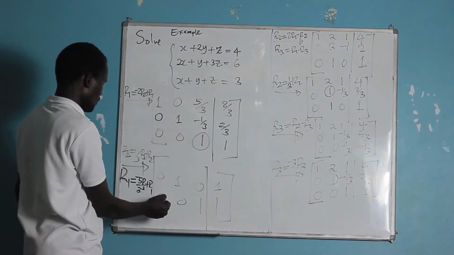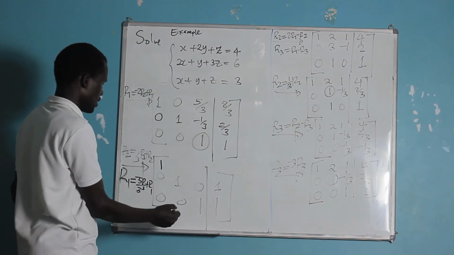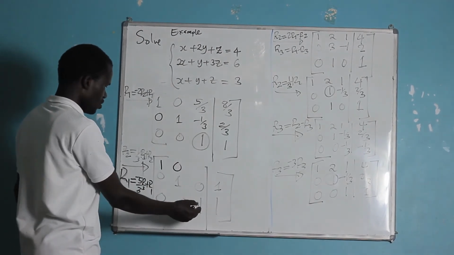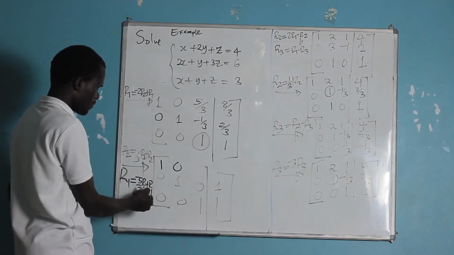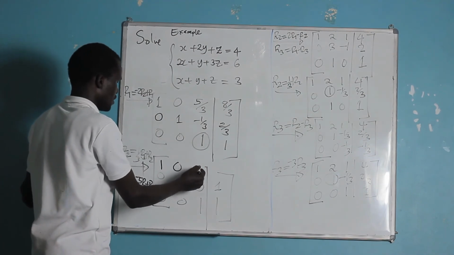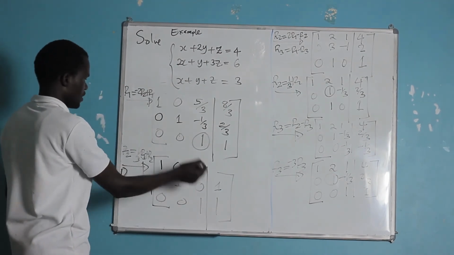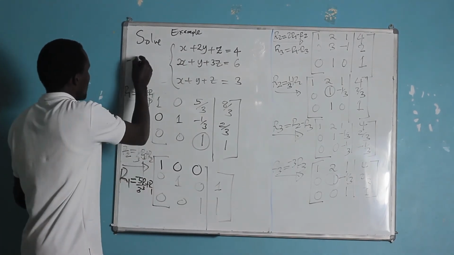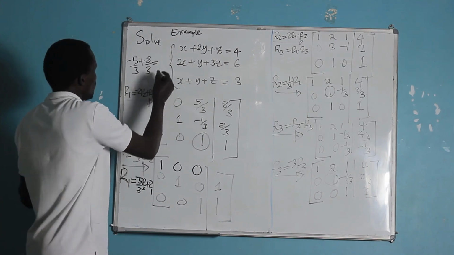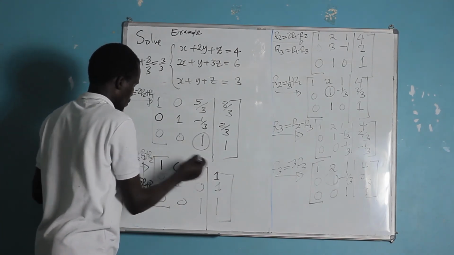So 0 times negative 5 over 3 will be 0, plus 1 will be 1. 0 times negative 5 over 3 will be 0, plus 0 will be 0. Negative 5 over 3 times 1 is negative 5 over 3, plus 5 over 3 will be 0. And again here, negative 5 over 3 times 1 is negative 5 over 3, plus 8 over 3 will be 3 over 3, which is equal to 1. So also here is 1.